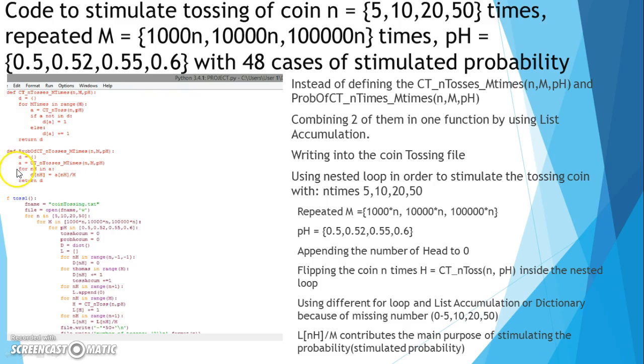I combine them together in one function by using list accumulation, or you can use a dictionary, because list accumulation and dictionary are really helpful for you to get the effective result.